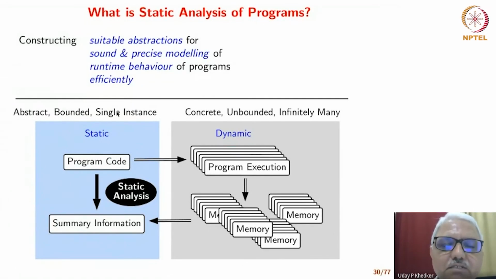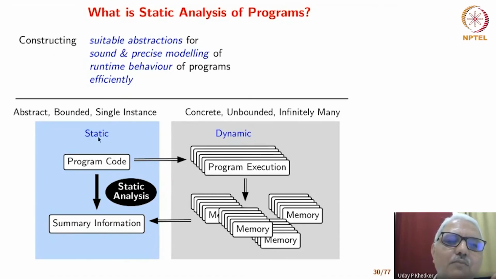There is a single instance of a program code, whereas a process is concrete. Program code is abstract because I don't know the value of variable X. The process is concrete because I know the value of variable X. Program code is bounded because it is finite in size. A process is unbounded because I don't know how long it will go.